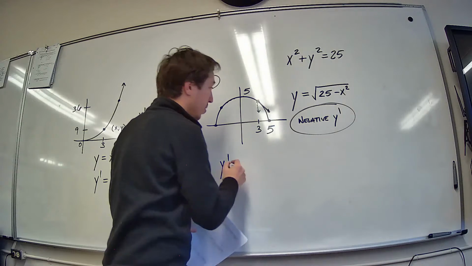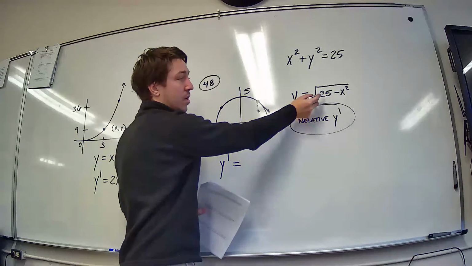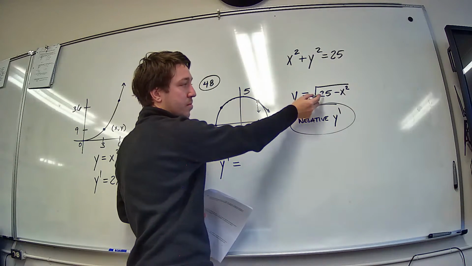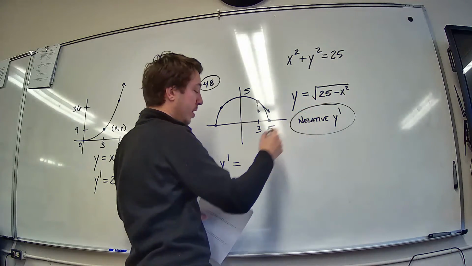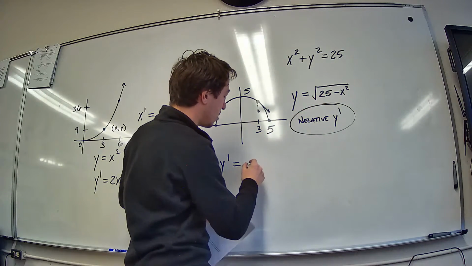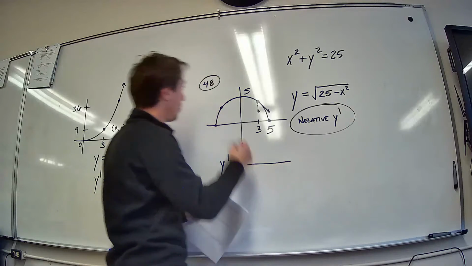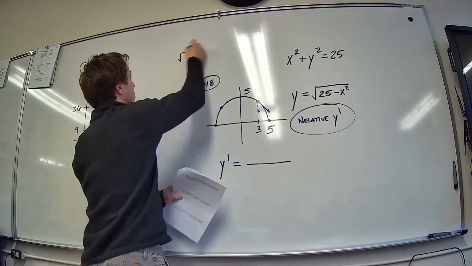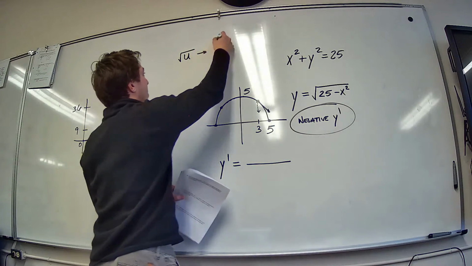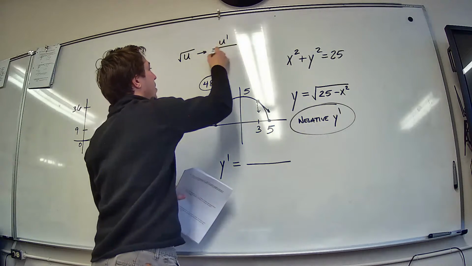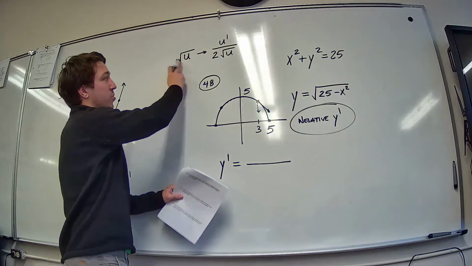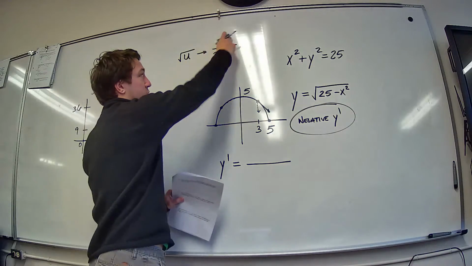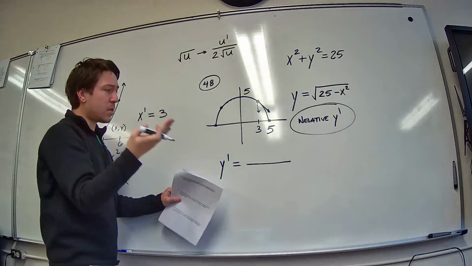Y prime is equal to, you have the square root of u here. Sorry if I'm repeating myself millions of times, but this is a pretty common result that comes up over and over again: the square root of u gives us u prime over 2 root u.